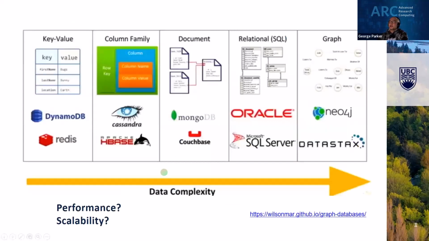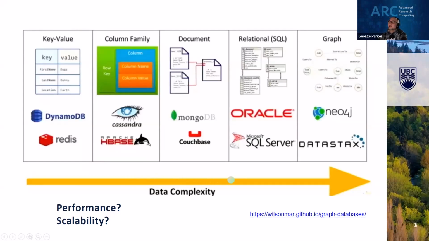Okay, what I have here is a list of commonly used database types, and also examples of DBMS, database management systems. When you go from left to right, the data complexity increases.